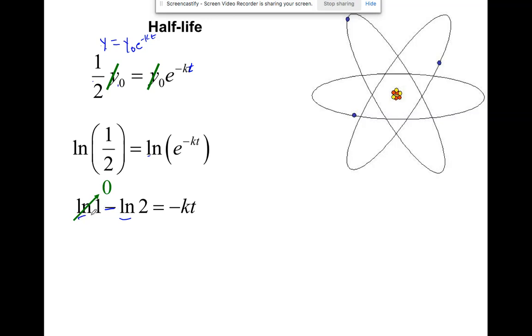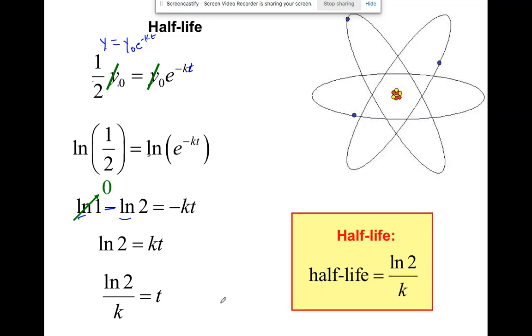Or, of course, recognize that the ln of 1 is 0. Divide off the negatives. And the half-life of radioactive material that decays over time is ln of 2 over k. That's probably a half-life formula that you got in chemistry or physics. You might have to use it. You will have to use it in some of our textbook problems.